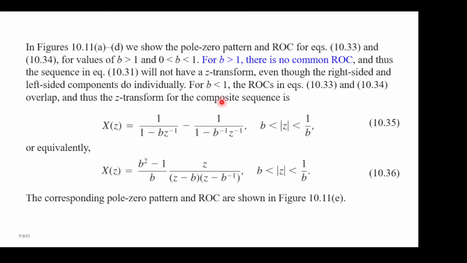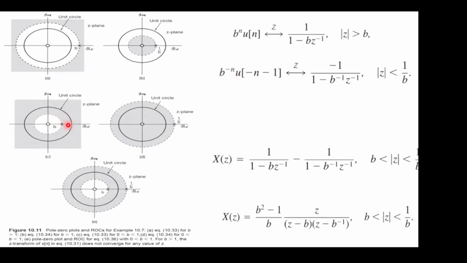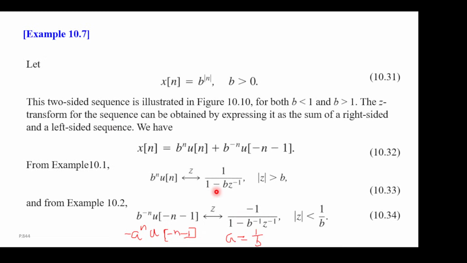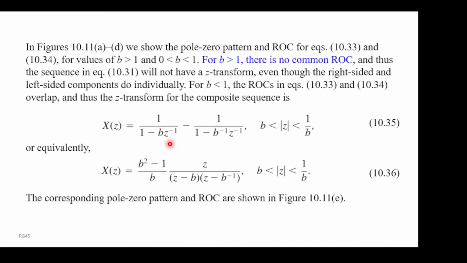But if we want a better example, now we change b to be between 0 and 1. Then the right-sided ROC looks like this, and the left-sided ROC looks like this. Then you have an ROC between b and 1/b. So if b is less than 1, you actually have an ROC. Then the algebraic part of your z transform is adding together those two terms.